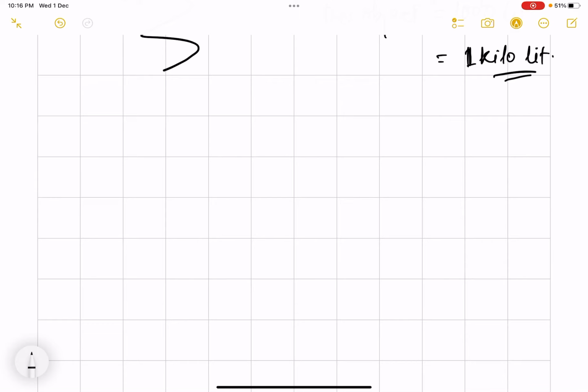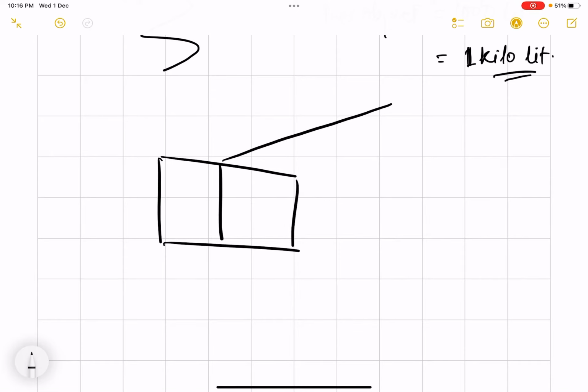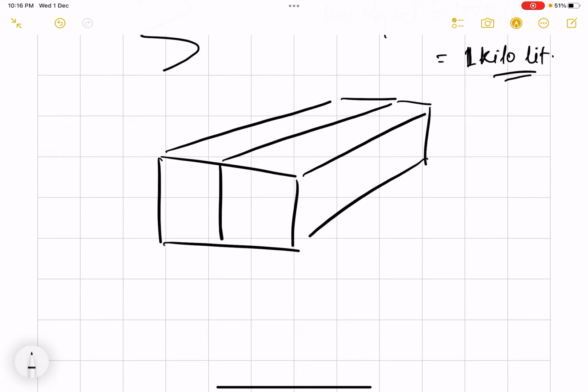I have 10 cubes, which are arranged like this. Okay, let's take one more.